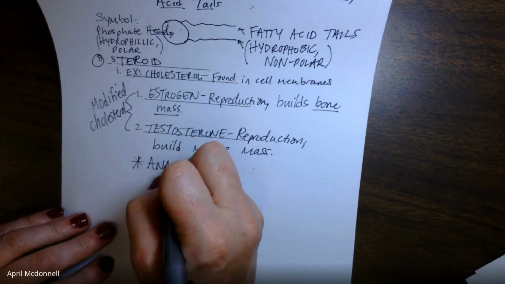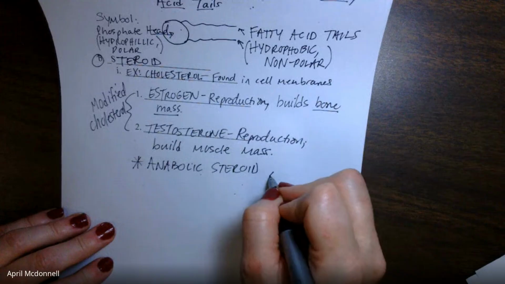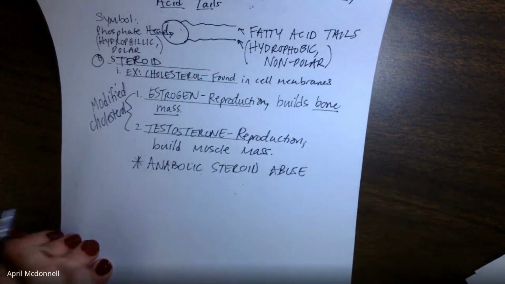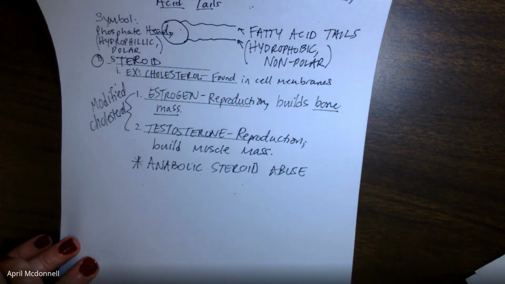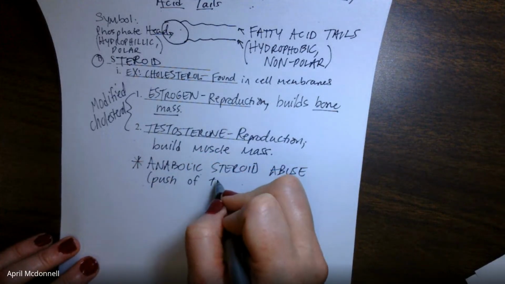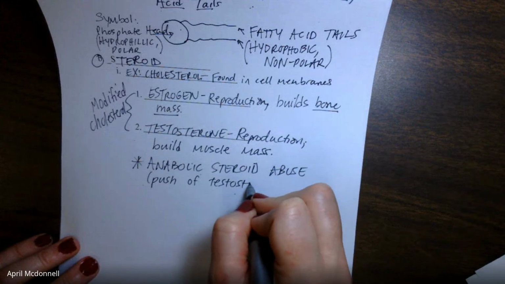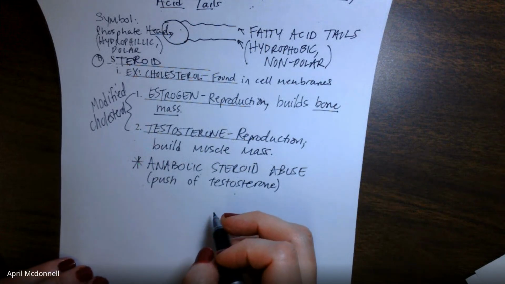Let's just mention anabolic steroid abuse, which is basically taking steroids which are not under a physician's care. This is more or less a push of testosterone into the body. Let's talk about the effects of that.